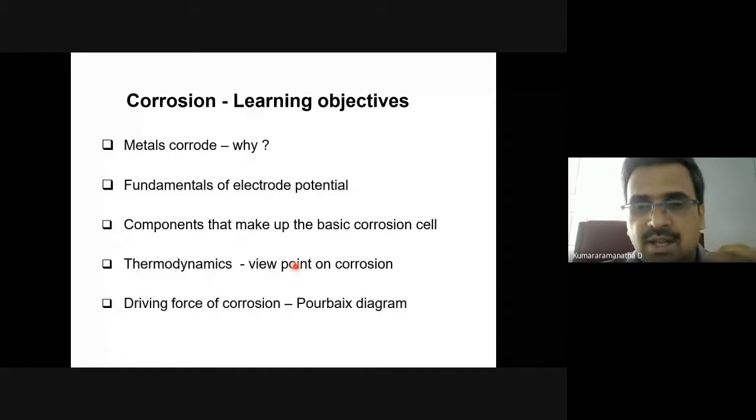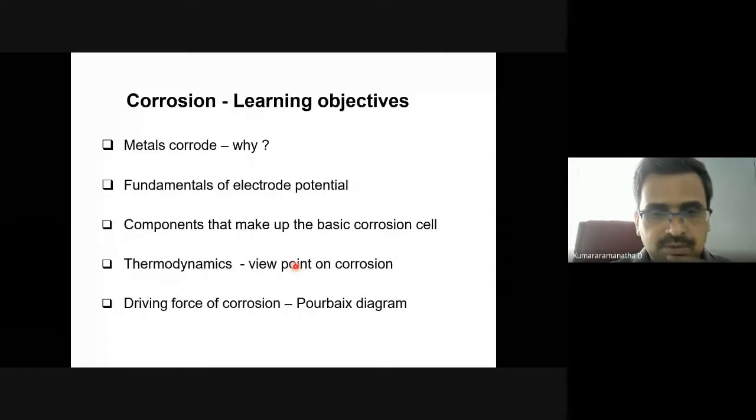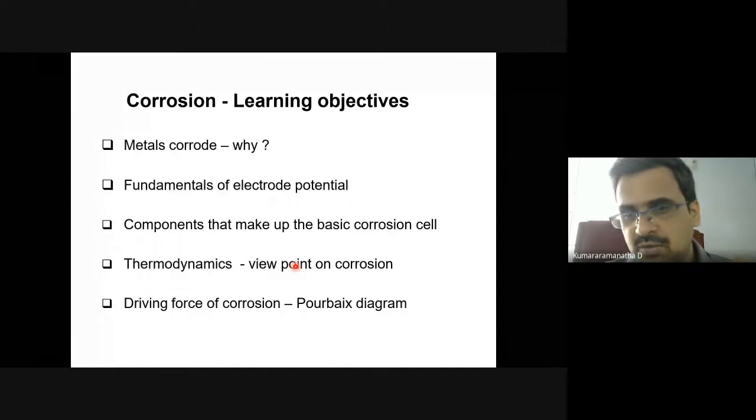What we can do today very quickly is I will first give you a few aspects regarding corrosion. It's only 10:20 now.